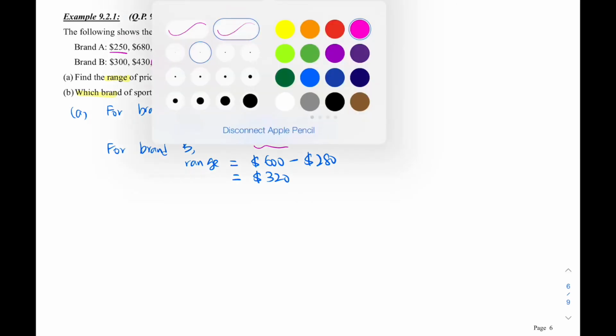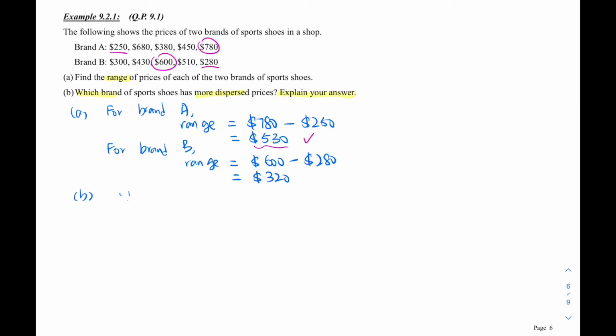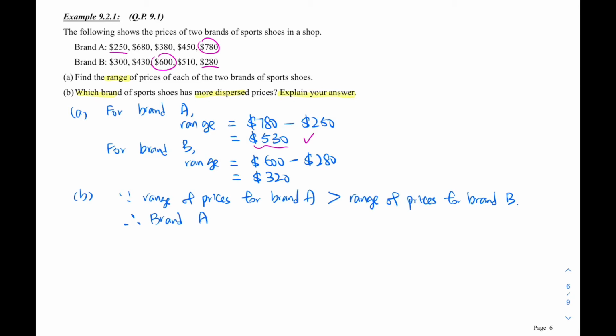So it should be brand A. You just write: because the range of the prices for brand A is greater than the range of prices for brand B. So we can conclude the prices of brand A are more dispersed because the range is greater.